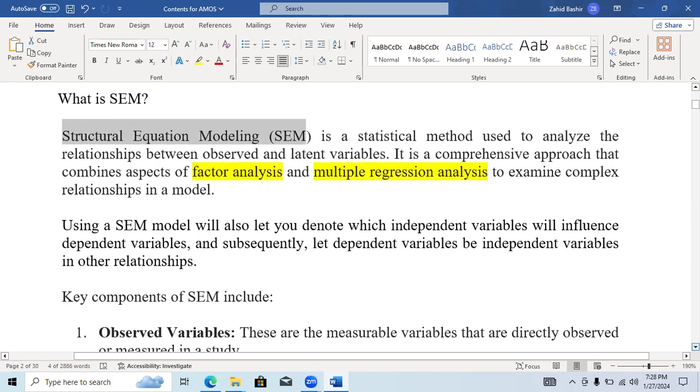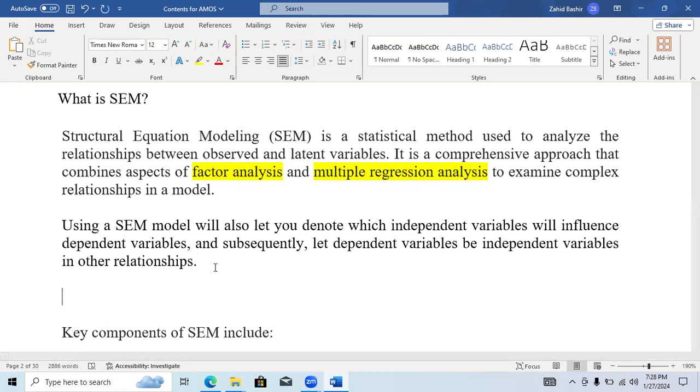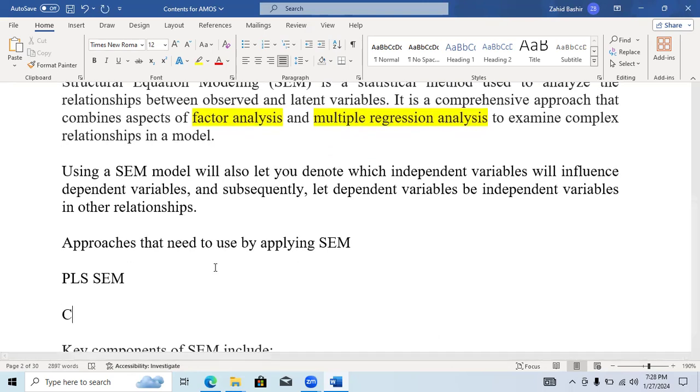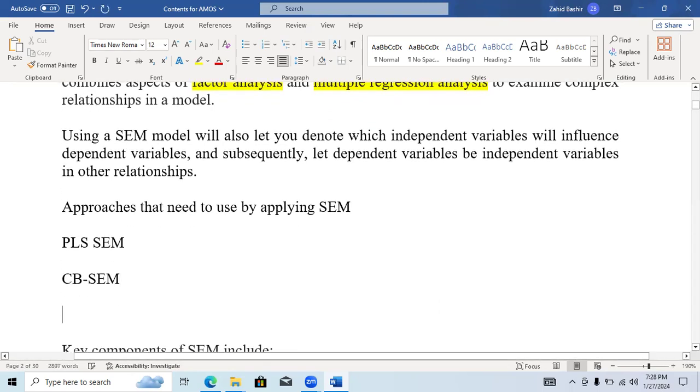But there are two approaches that we use for analyzing structural equation modeling. The one is PLS-SEM and the second one is CB-SEM. PLS-SEM is basically a non-parametric procedure which is applied using smart PLS that we have previously done.